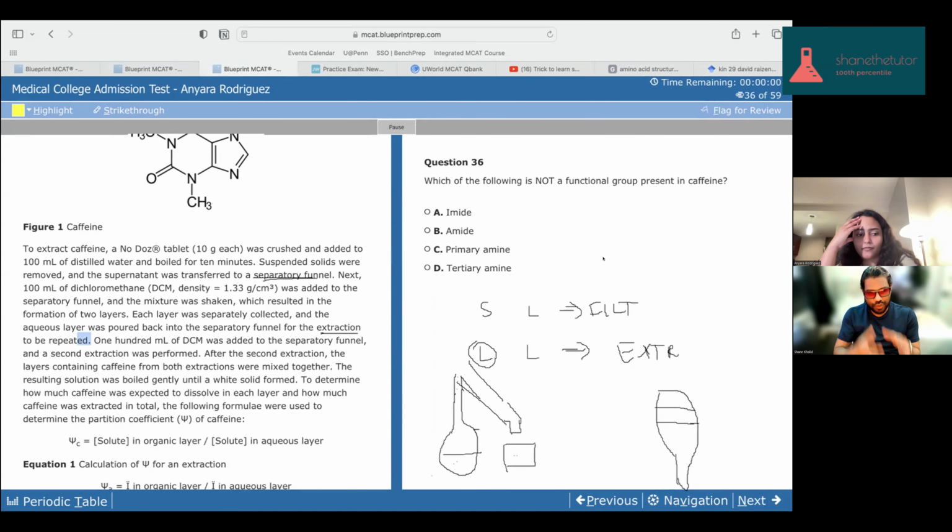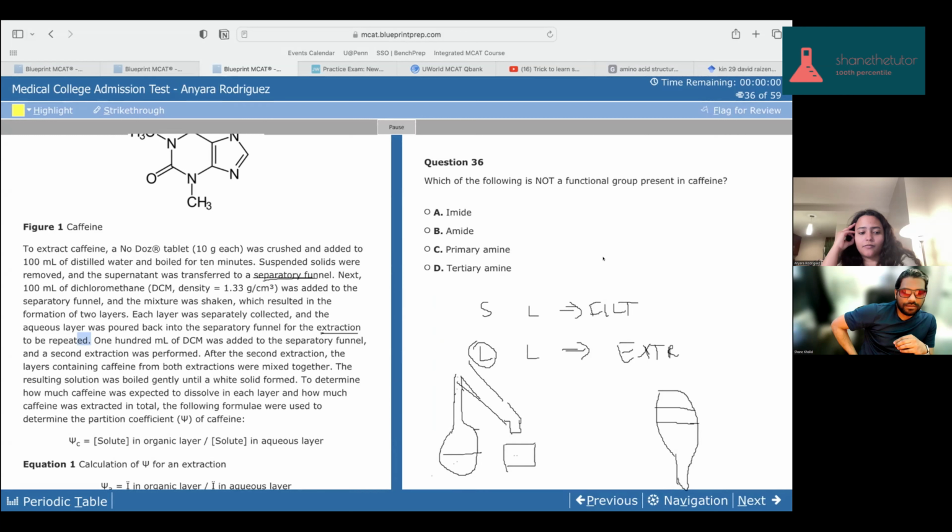The supernatant, which is not that solid stuff, is what we're left with. And we put it in a separatory funnel, take 100 milliliters of dichloromethane, add it to the separatory funnel, and shake the mixture, and that should cause two layers to form.